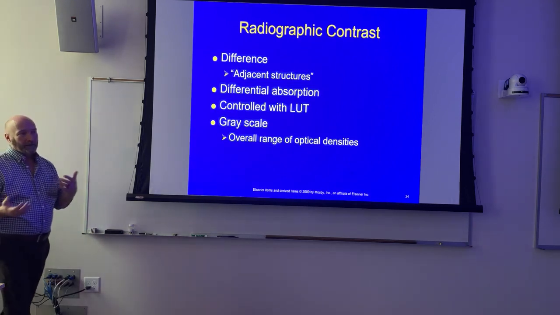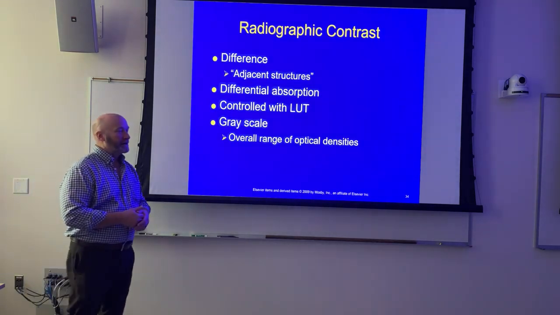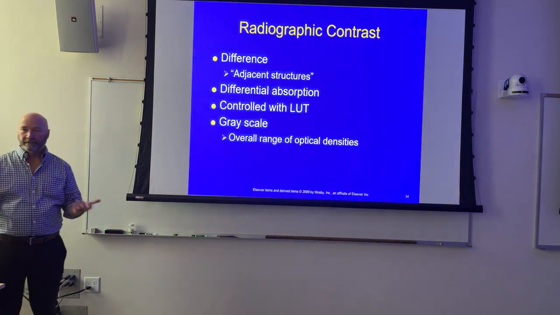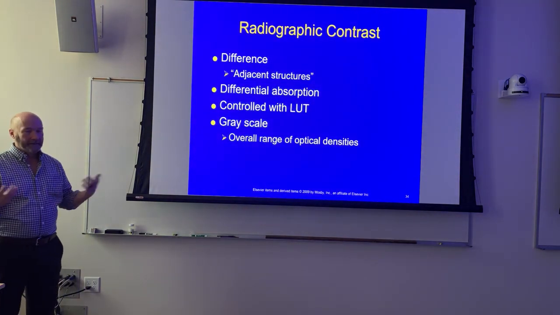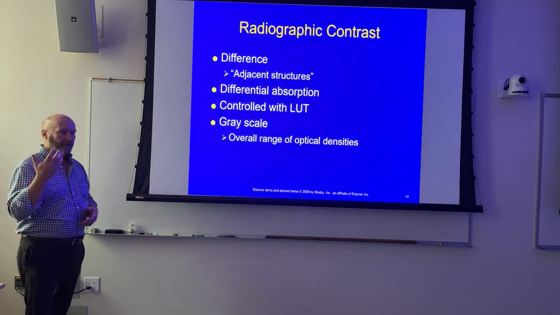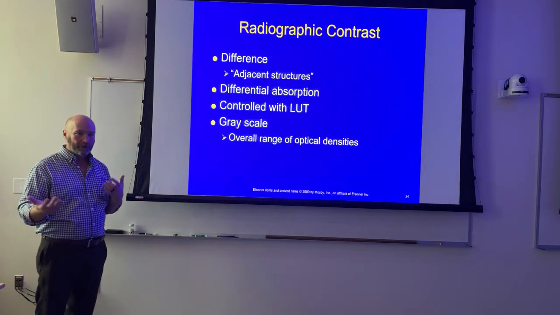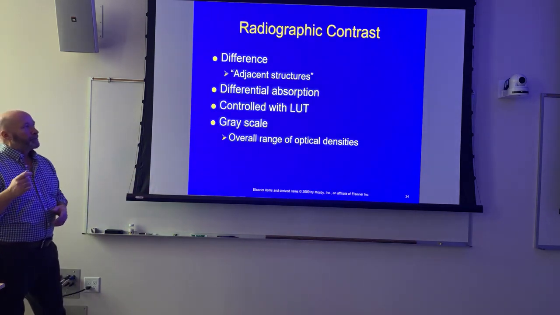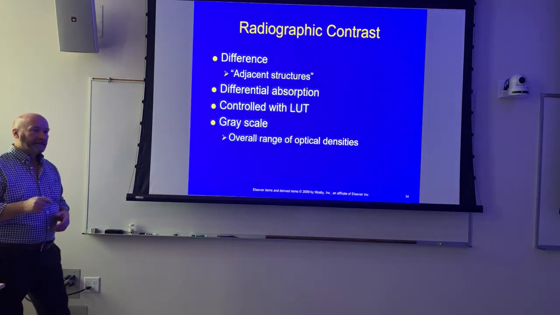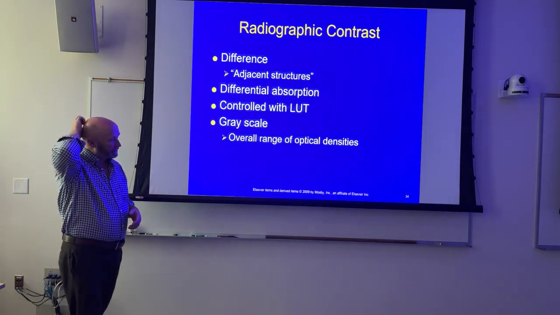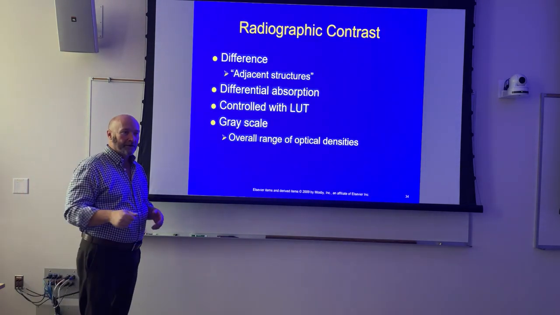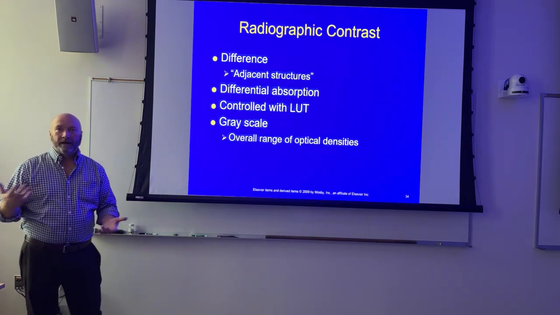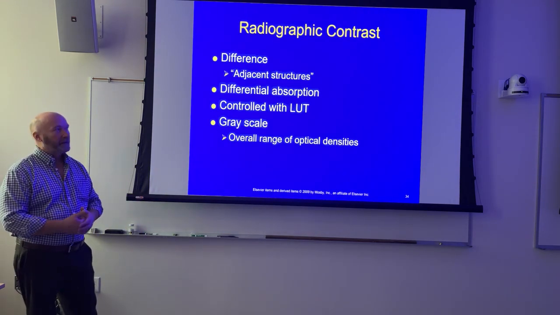So contrast, we kind of talked about that. Contrast just means difference. We have to see a difference in tissue types, otherwise it doesn't do us any good, right? So think bone and soft tissue or bone and air. Contrast is the difference between those things. So what you're going to see in density in your questions on the test is overall darkening, overall blackening, how dark the image is, that sort of thing.